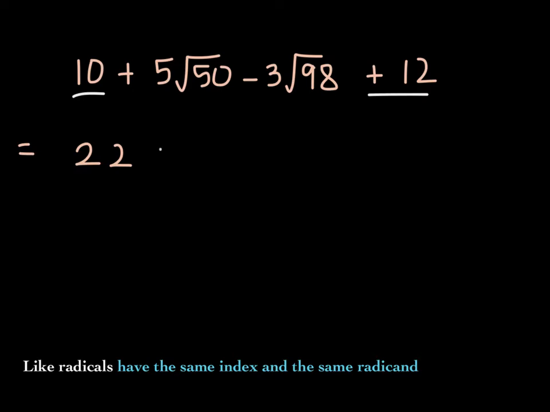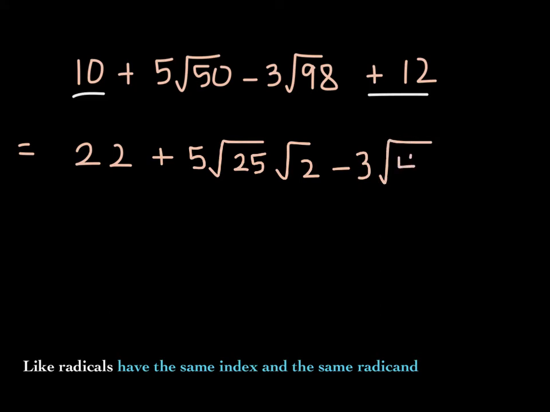I'm going to rewrite 50 as 25 times 2. I'm going to rewrite 98 as 49 times 2. Remember, you want to rewrite 50 as a product of two factors where one of them is a perfect square. 25 times 2 will work. 98, rewrite it as a product of two factors where one of them is a perfect square. 49 times 2 will work.